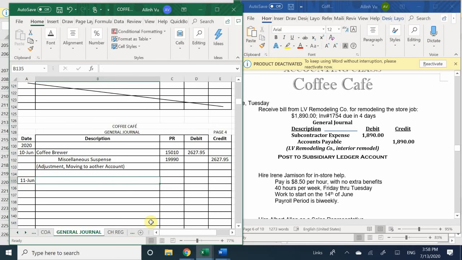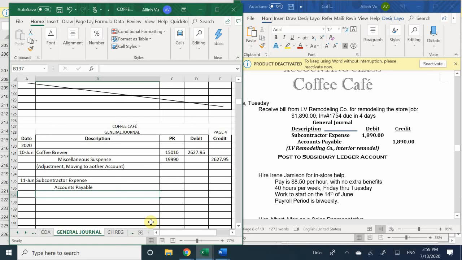So here I have subcontractor expense, and I have increased my accounts payable since I owe them more money.